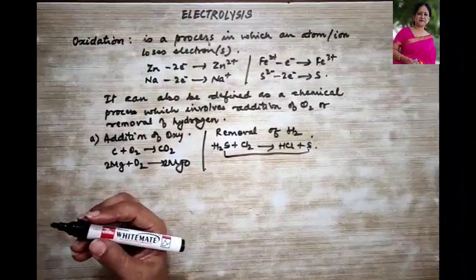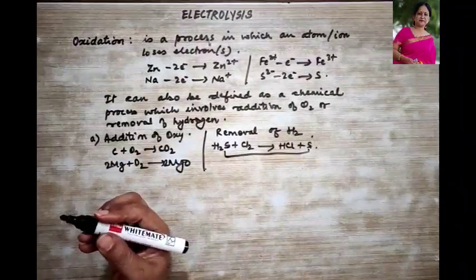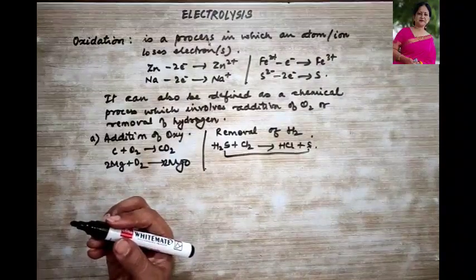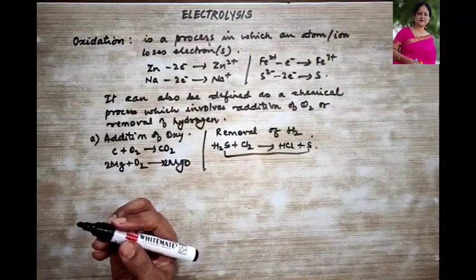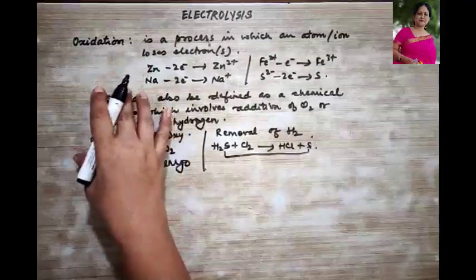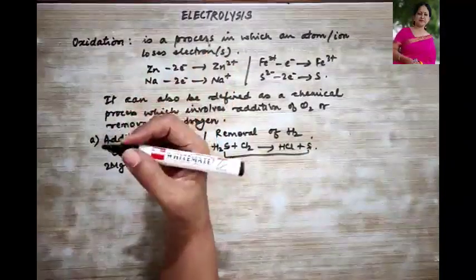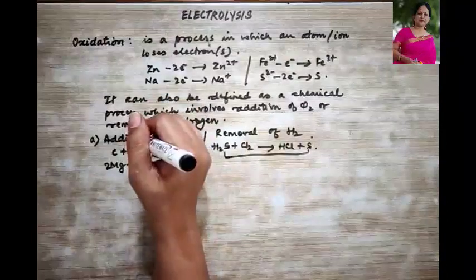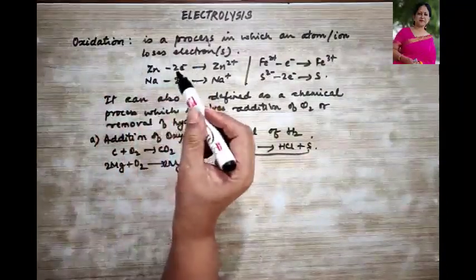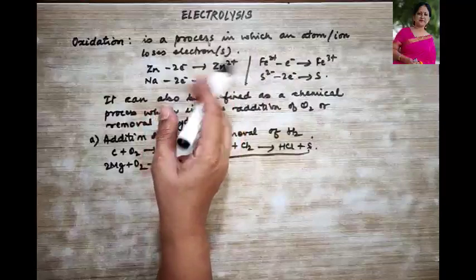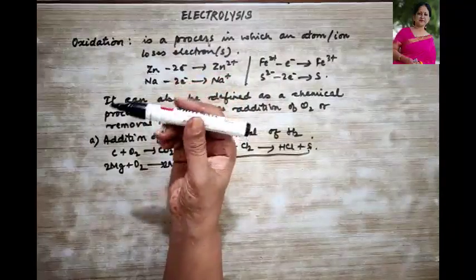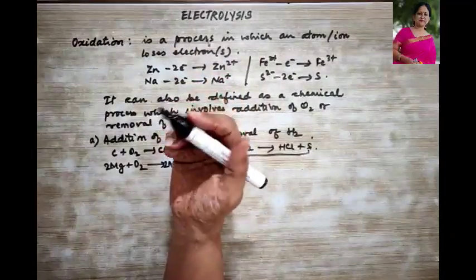In solids, it is manganese dioxide, red lead or lead dioxide. In liquids, it could be nitric acid, hydrogen peroxide, which is very important, or concentrated sulfuric acid. In the gaseous form, you can learn chlorine, sulfur dioxide or oxygen.